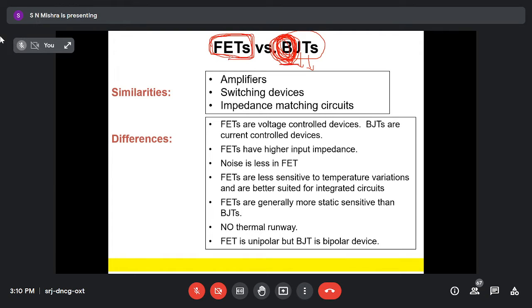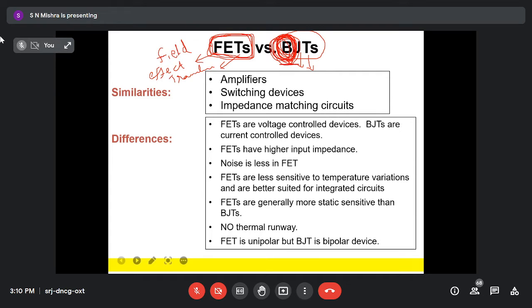Okay, so the full form of FET is F for field, E for effect, T for transistor. Field effect transistor. So in detail we will discuss.